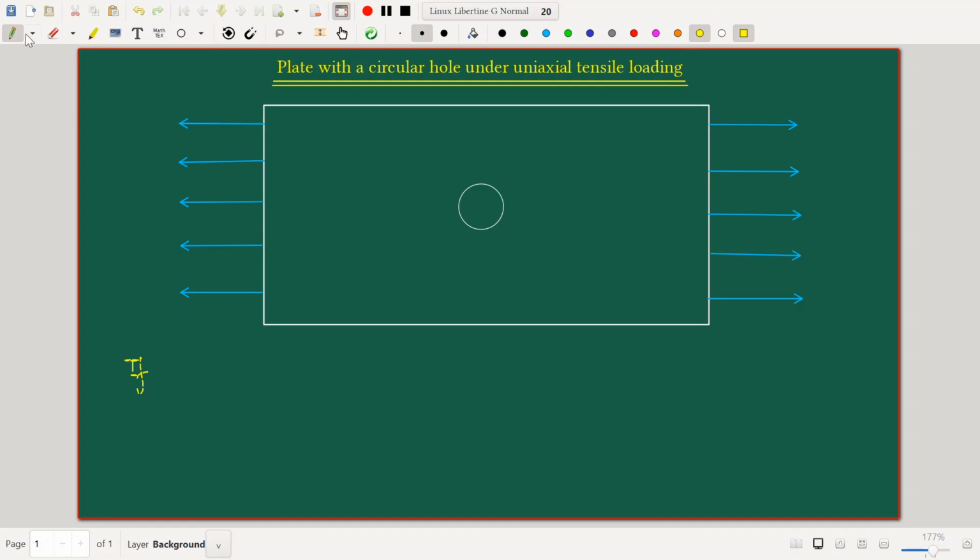If the hole is not present, then the solution is easily given by this kind of an Airy stress function. So phi is equal to half s y squared. What is s? S is nothing but the magnitude of this uniaxial tensile loading.